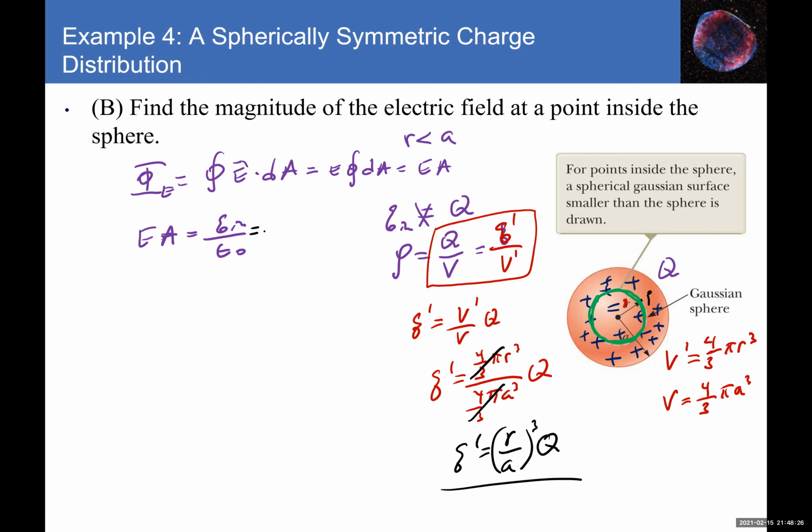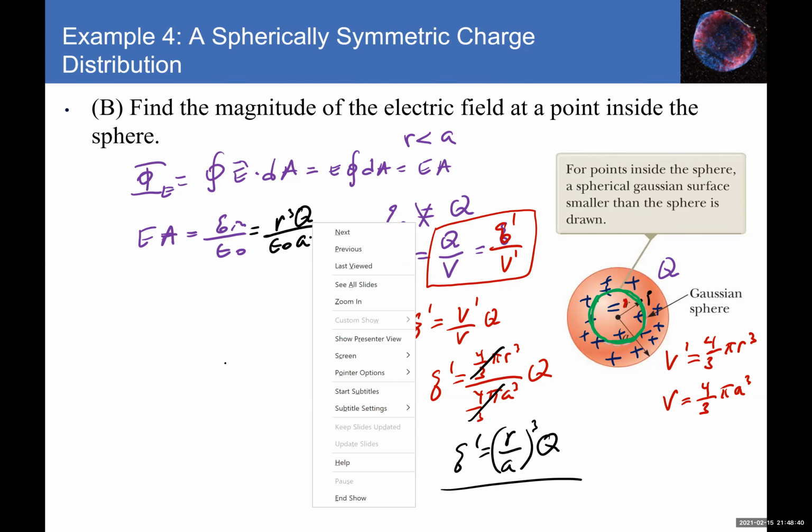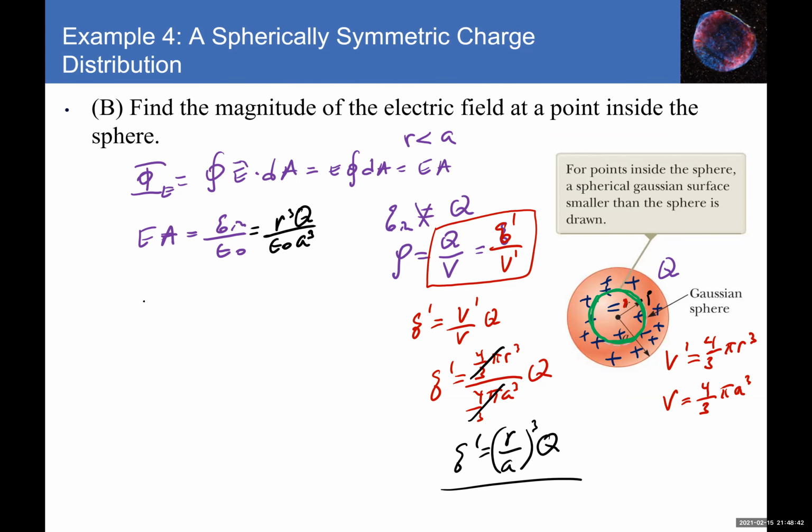Because I can come back here and I can say, all right, so I can write it like this, right? I can say r cubed times total charge Q over epsilon naught a cubed, like that. Then what is this area A? Well, area A is 4 pi r squared, right?